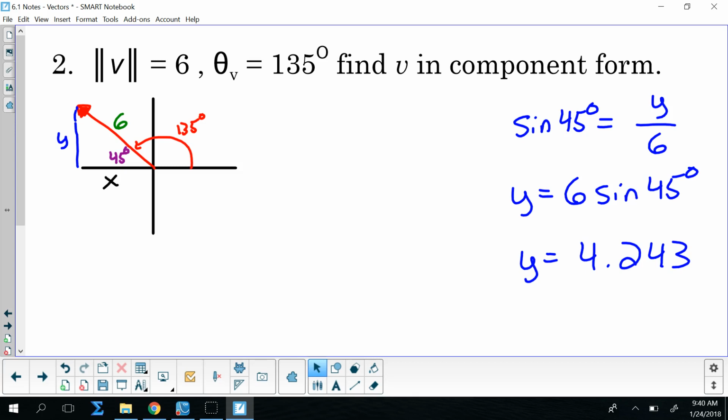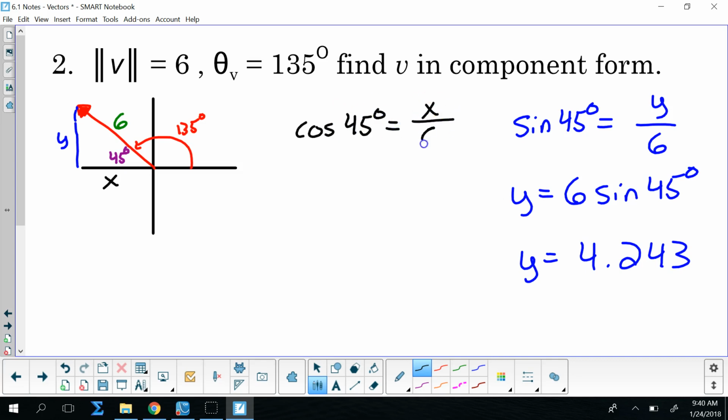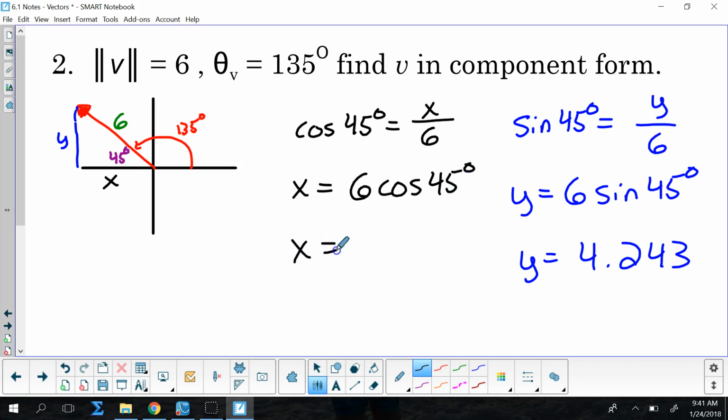But if it wasn't a 45 degree right triangle, we'd have to use the cosine of 45 degrees is equal to x over 6, which means that x is equal to 6 times the cosine of 45 degrees. So then x here is also equal to 4.243.